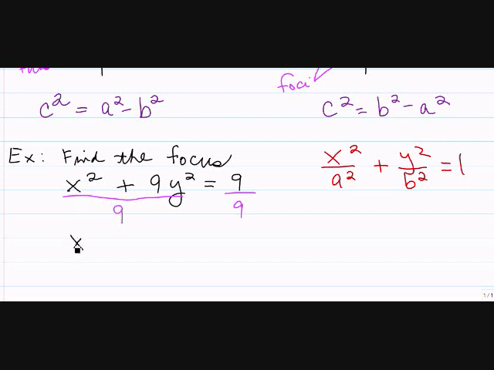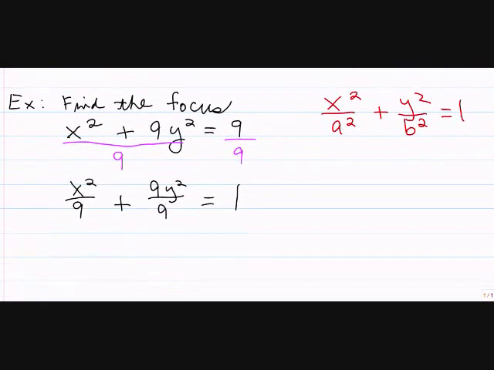X squared over 9 plus 9y squared over 9 equals 1. I cannot have that coefficient on that y squared, so I better hope this fraction simplifies. Oh, 9 over 9, that's just 1.